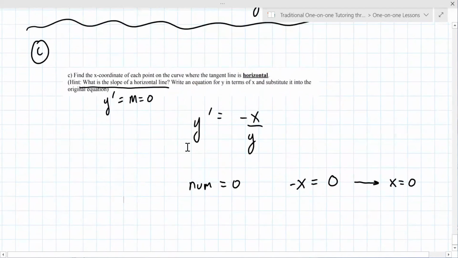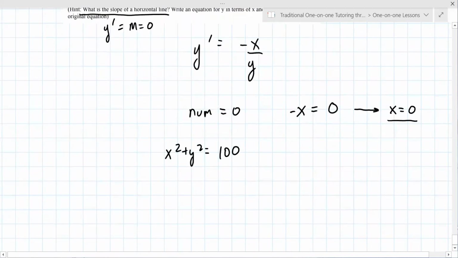So now you plug it back in. Negative 0 over y. So you put this 0 back into the original, which was x squared plus y squared equals 100. So it's 0 plus y squared equals 100.